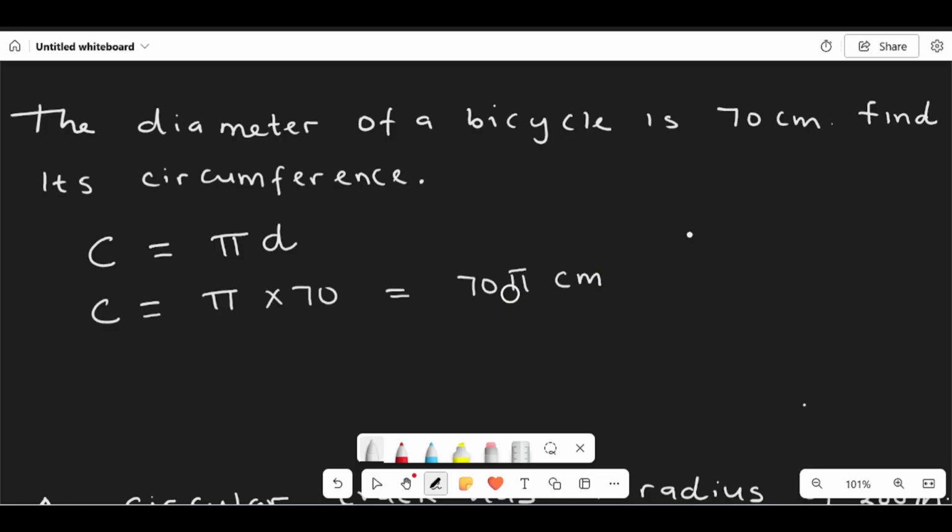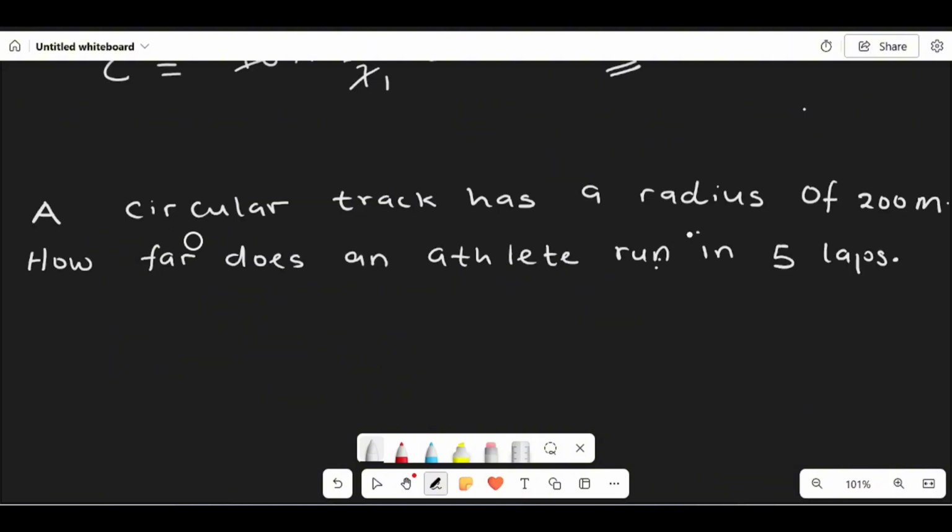So if we take our pi to be 22 over 7, so C equal to 70 multiplied by 22 over 7. 7 in 70 is going to give us 10. So our answer will now be 220 centimeter.